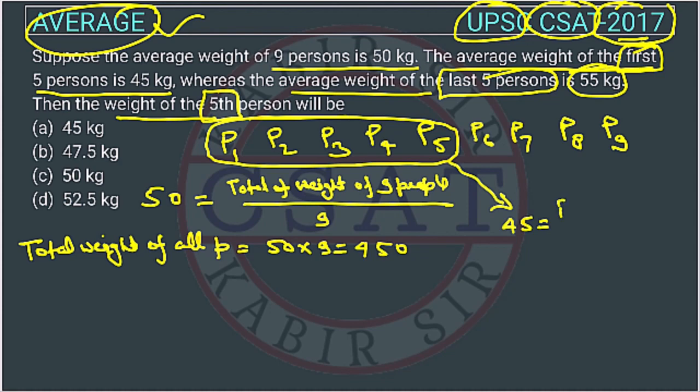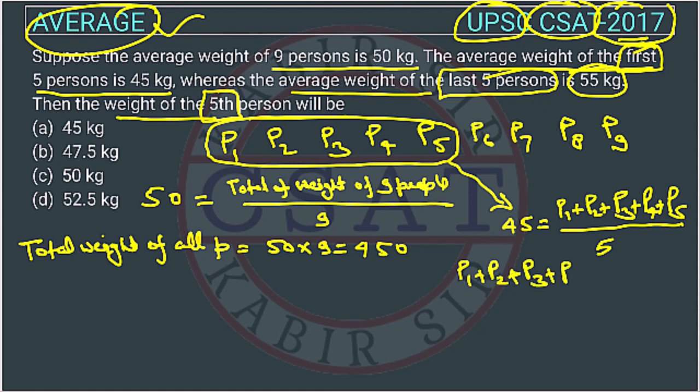So this will be equal to P1 plus P2 plus P3 plus P4 plus P5 upon 5. So P1 plus P2 plus P3 plus P4 plus P5 will be equal to 45 into 5. This will be equal to 225.